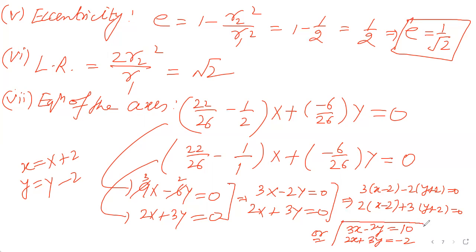These are the equation of the axis, जो एक्सेस आएंगी आपकी इस पे प्लॉट हो जाएगी, कौन सी एक्सेस, मेजर एक्सिस एंड माइनर एक्सिस, these are the axes, this is your major axis, this is your minor axis. Last thing is intercepts.